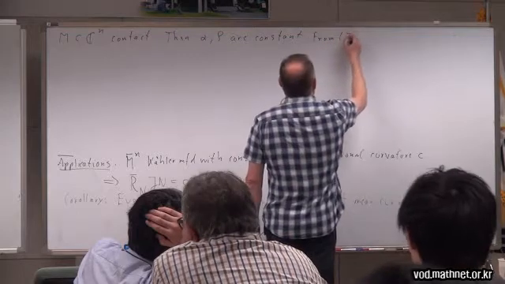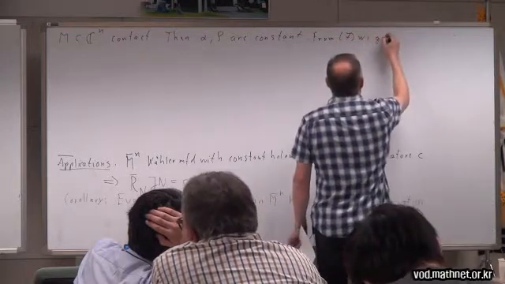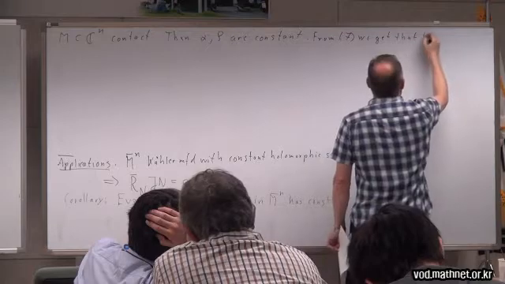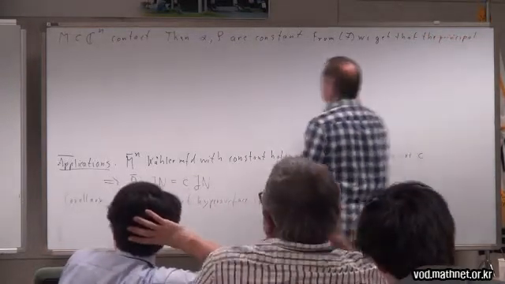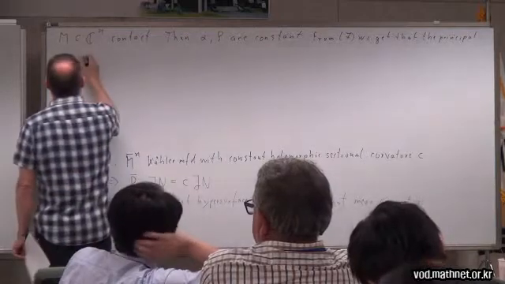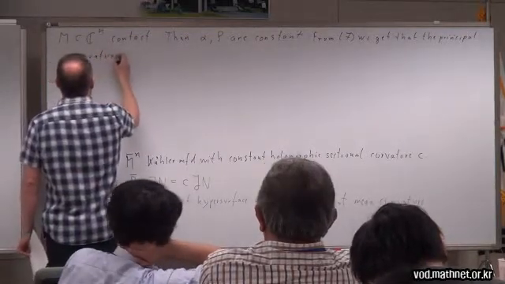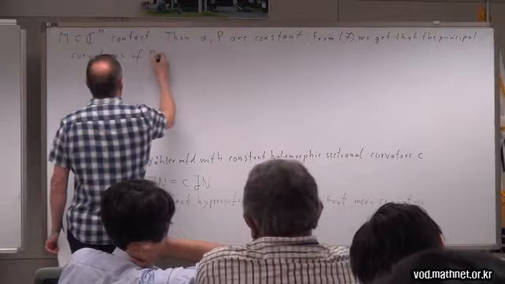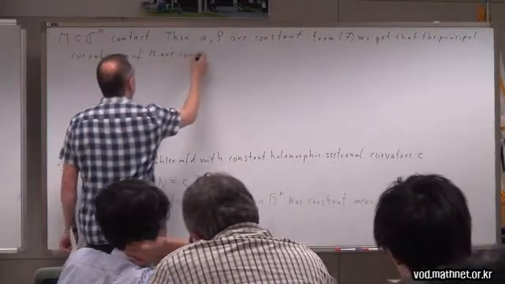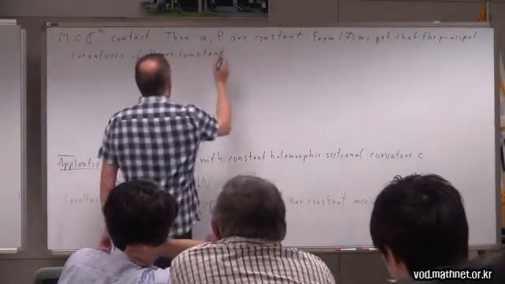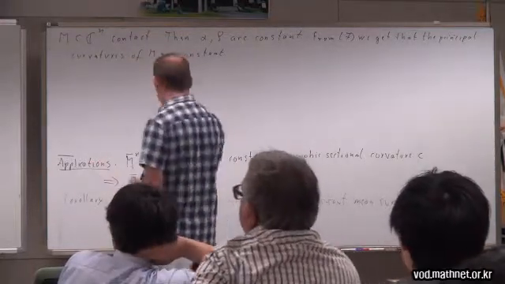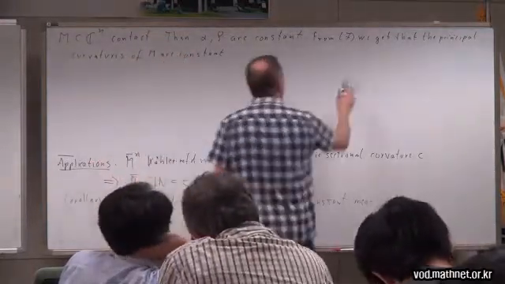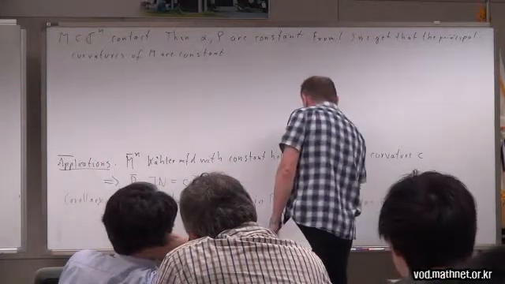So from 7, we get that the principal curvatures of M are constant. From 5 we get that the mean curvature is constant.